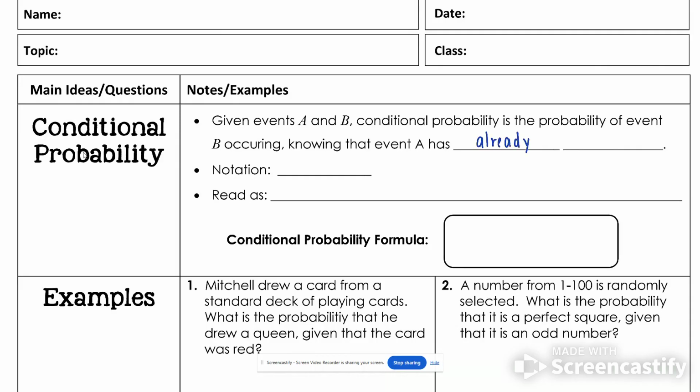All right? That's what conditional probability is going to be about. So you would note this as the probability of B given that A already happened. Okay, read as the probability of B given A.